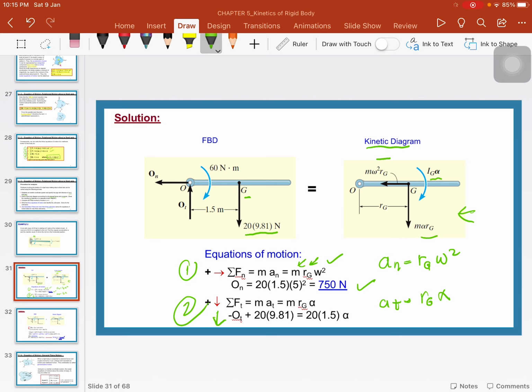So M alpha RG is assumed to be downward. Make sure M alpha RG is in the same direction as IG alpha. IG alpha is clockwise, so M alpha RG is moving downward. That's why we assume downward is positive.